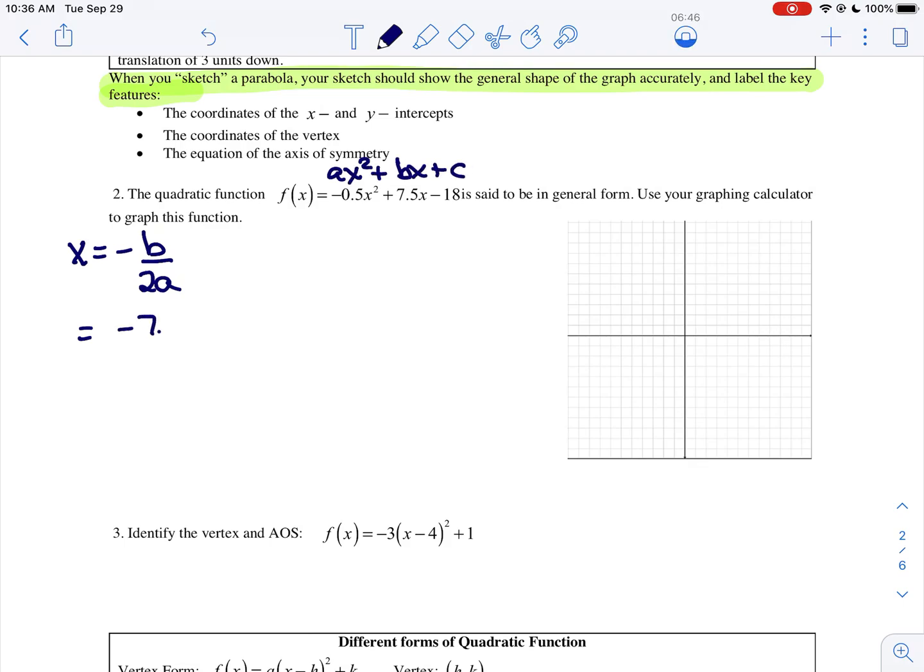So this would be -7.5 over 2 times -0.5. So that's 7.5. You plug that back in.